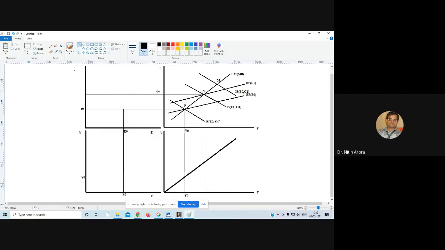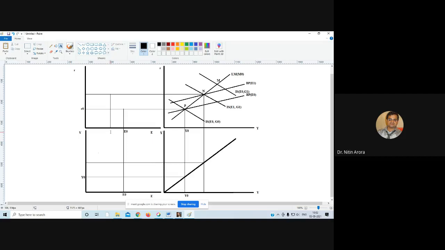R1 will be the interest rate, Y1. And obviously, E1 is now the exchange rate, which is lower because the currency has appreciated due to the balance of payment surplus.